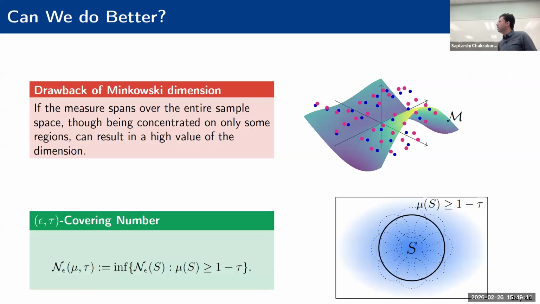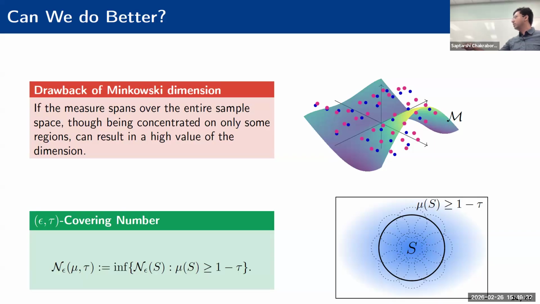So what we do is define something called the PQ Wasserstein dimension, but for that we need this epsilon tau covering number. The epsilon tau covering number of a probability measure mu is simply the smallest covering number needed to cover a set that has probability at least 1 minus tau.